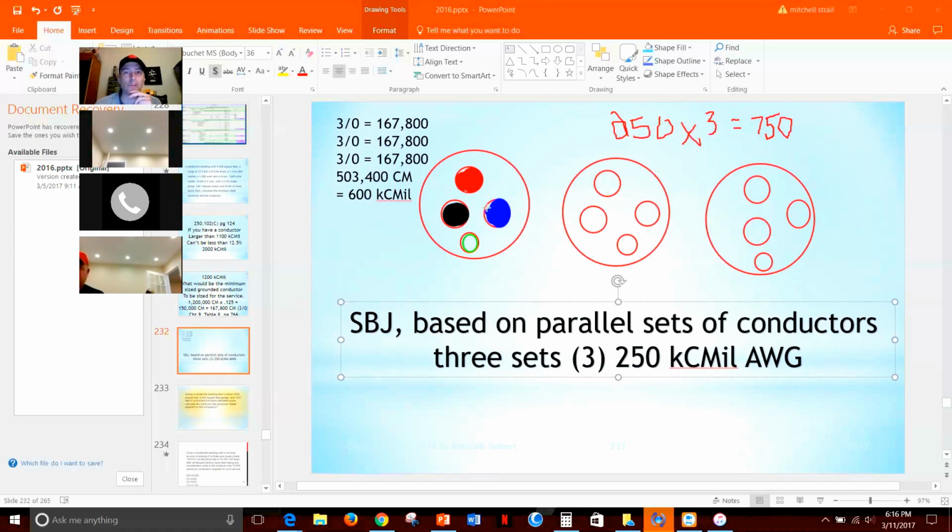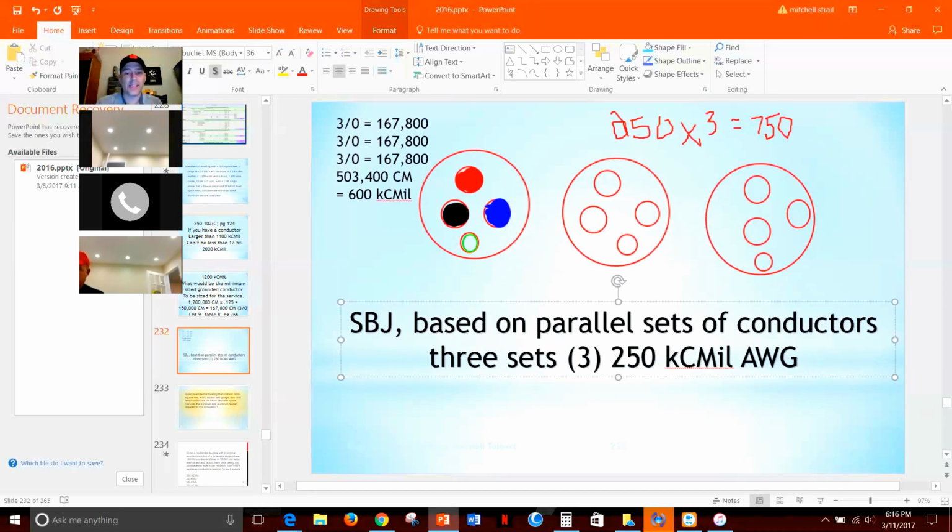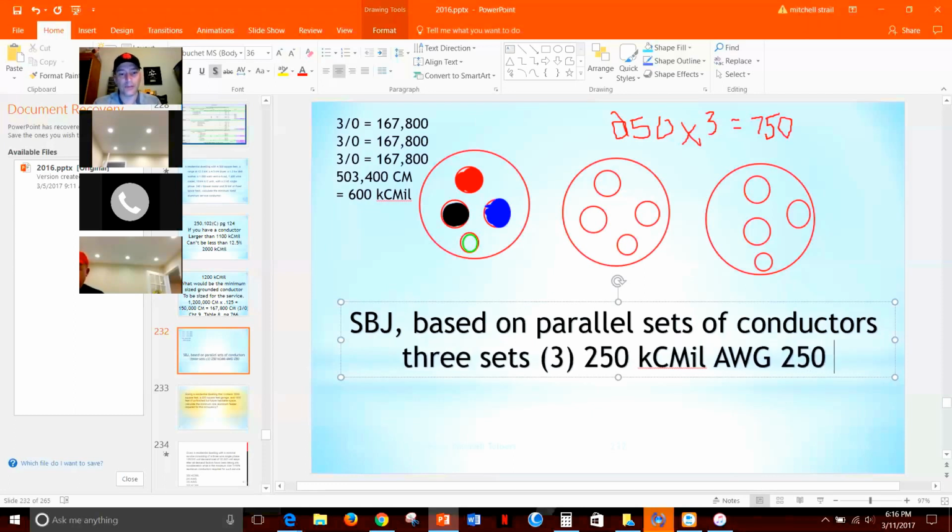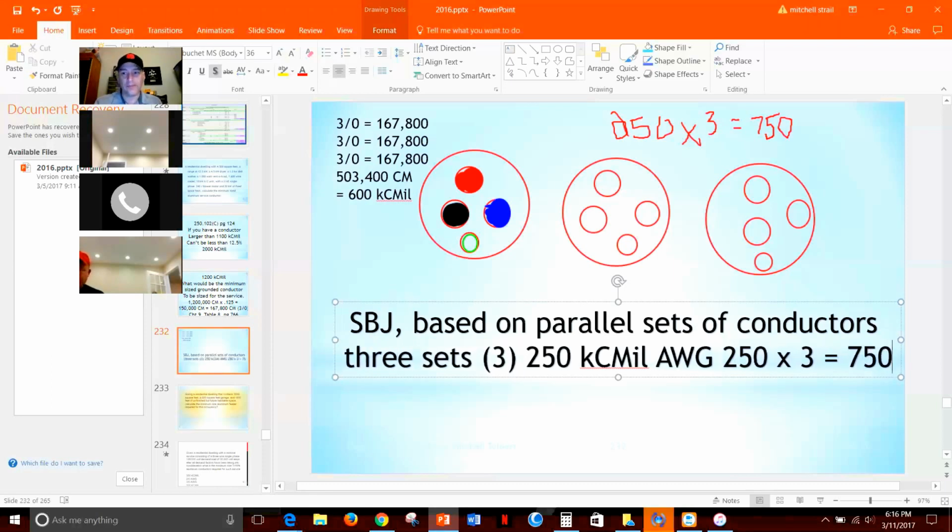And I'm going to size this based off note 1 on page 124. That means I've got to first take these 3 conductors, the A, the B, and the C, and add them up. 250 times 3 gives me 750 again. Here's where we differ then.